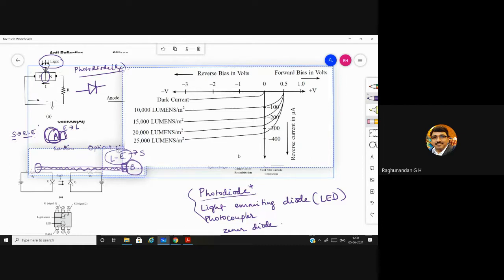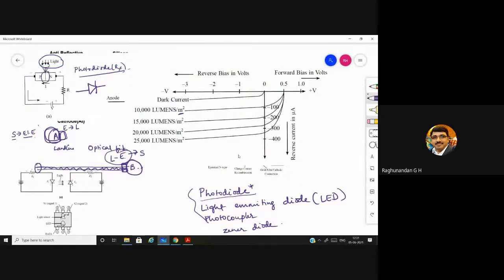Okay. So after that, when light falls on the depletion region, you can see that the current keeps on increasing, because along the y-axis the current is increasing. Here it is 10,000 lumens per meter square. It depends upon how much intensity falls on each meter square area of the depletion region.